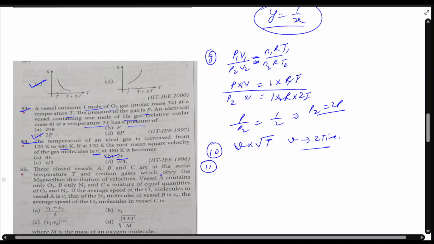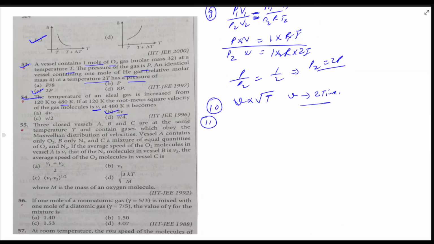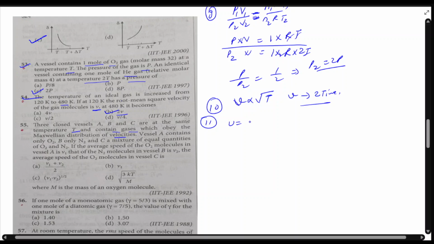Let's move on to our 11th question. Three closed vessels A, B, C are at temperature T and contain gases which obey Maxwellian distribution of velocity. Okay, so it was like this, nfRT divided by 2, right? The vessel A contains only O2.